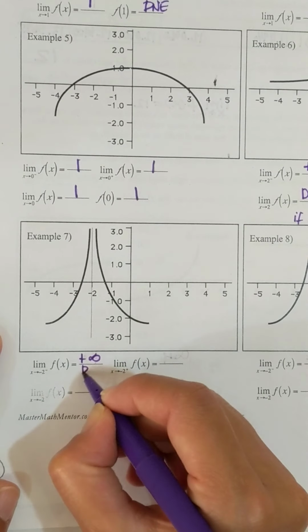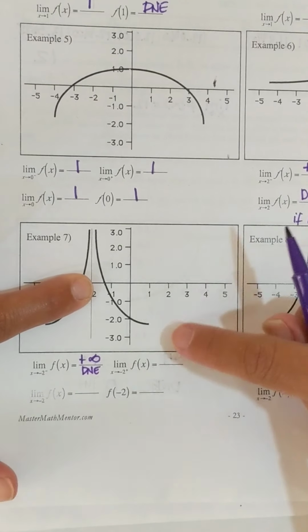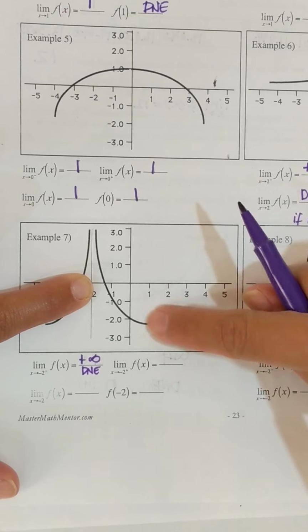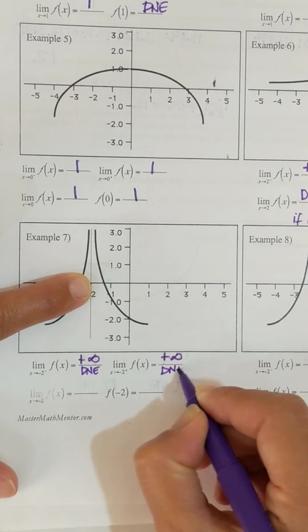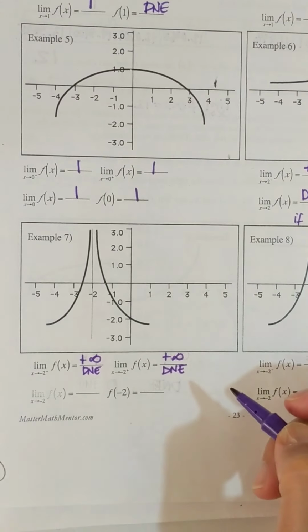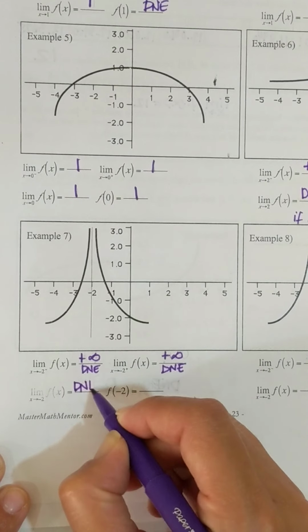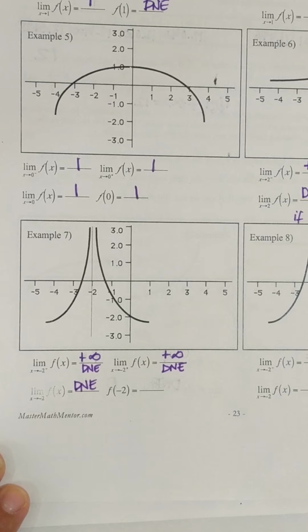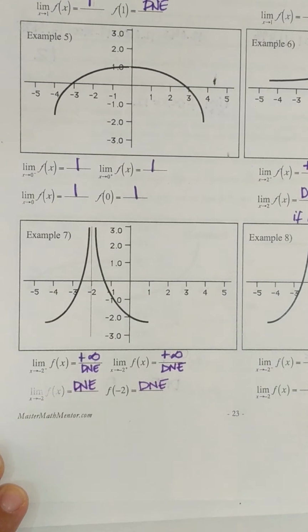Or you can say d and e. Either of those are correct. When we approach negative 2 from the right side, same thing, positive infinity or d and e. Therefore, the limit as x approaches negative 2 of f of x does not exist. And if we evaluate the function at negative 2, it also does not exist.